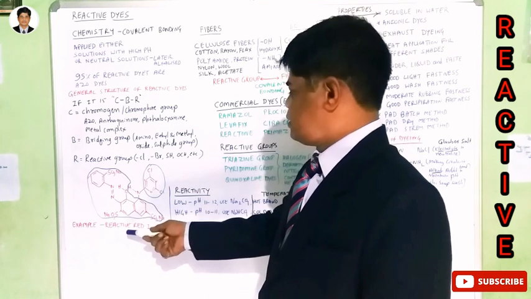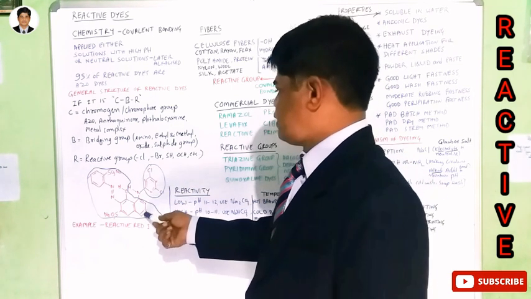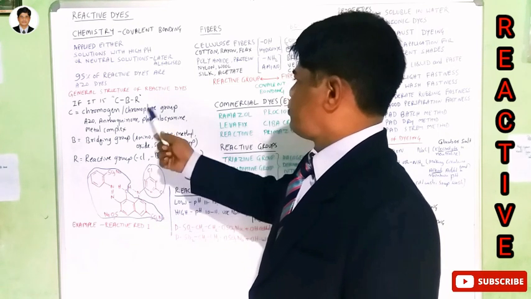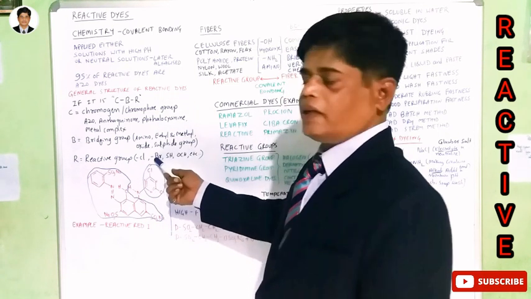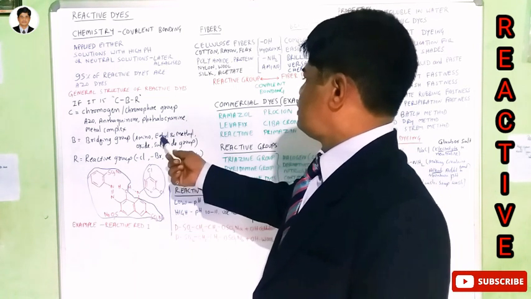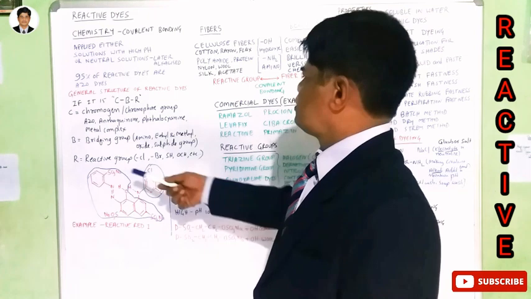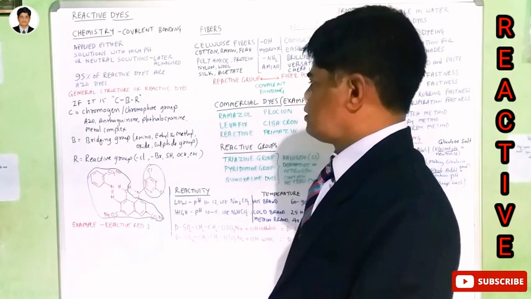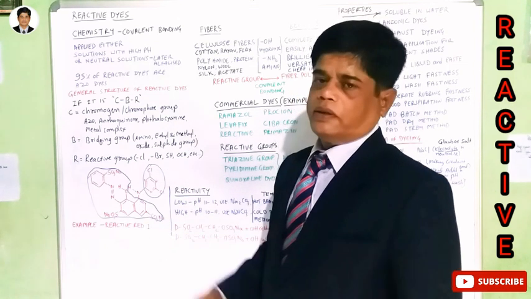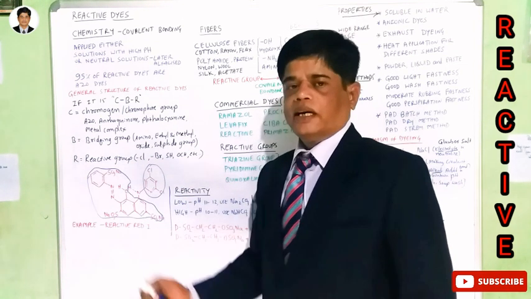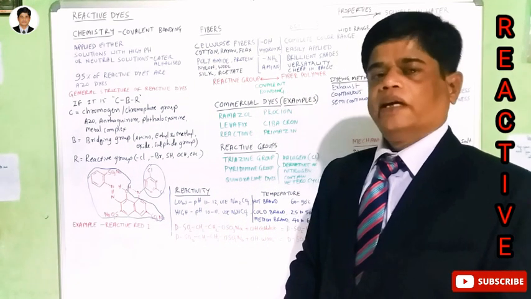In this case, reactive red color, sodium sulfide is there, NH group is there, and Cl group is there. But in other cases, instead of Cl, bromine will be there, or ethyl or oxide will be there. It will change. One more point in this reactive dye is that the color part may change.